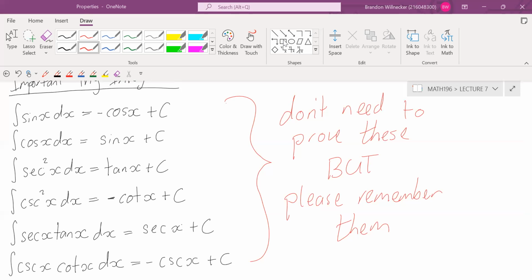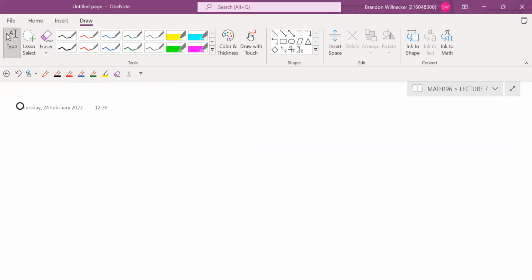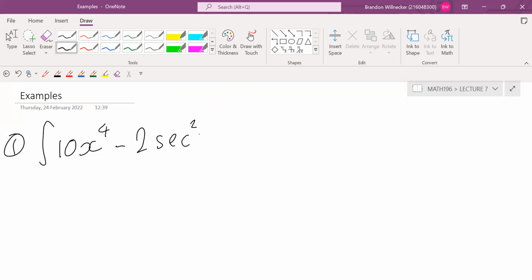Let's look at an example now that we have some starting points here. Example number 1, we want to find the integral of 10x to the 4 minus 2 sec squared x dx.